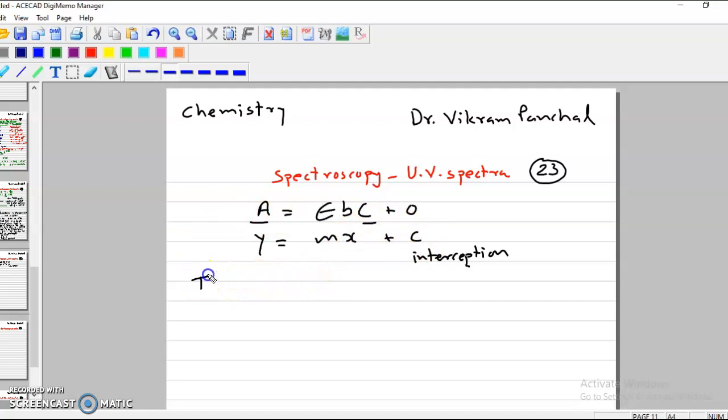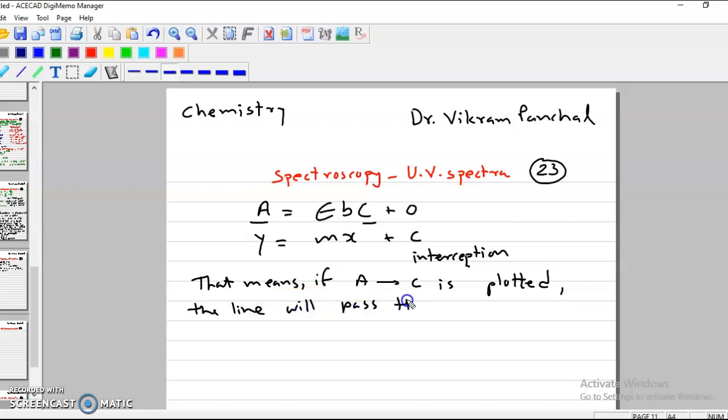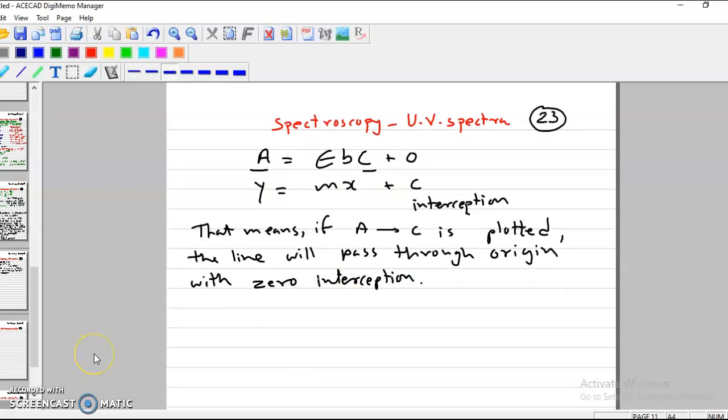That means if A versus C is plotted, the line will pass through the origin, with zero intercept.